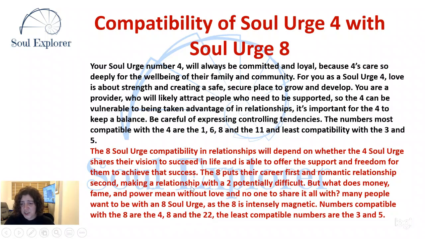So a relationship with a 4 and the 8, not potentially difficult. It's actually potentially good. They're both very task orientated, both very focused on careers, both need time apart to deal with their own thing. Again with the 4 and the 7, because they're very wanting to do their own thing, there could be a lack of intimacy between the 4 and the 8.